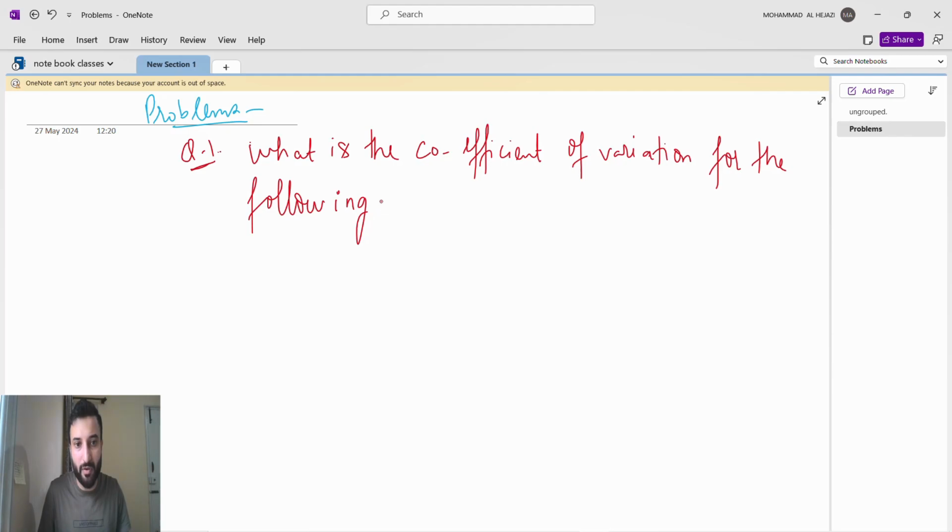Coefficient of variation means coefficient of standard deviation. The observations are 5, 9, 3, 10, 4, 7.